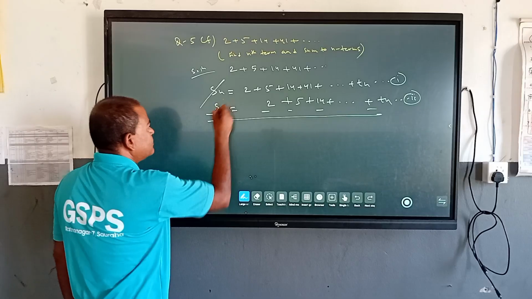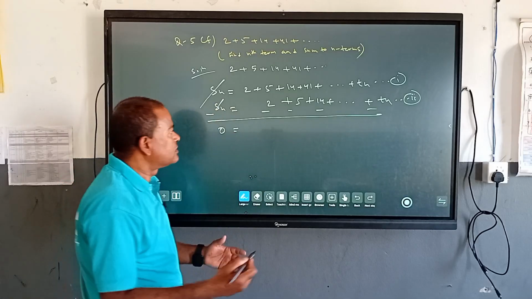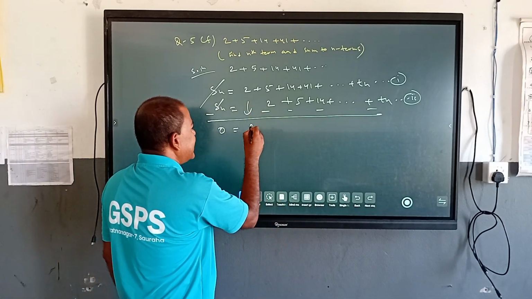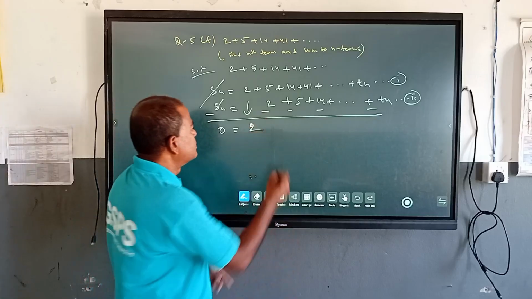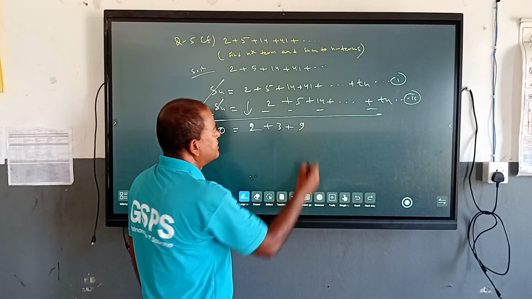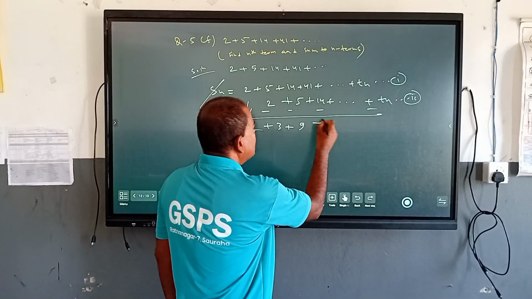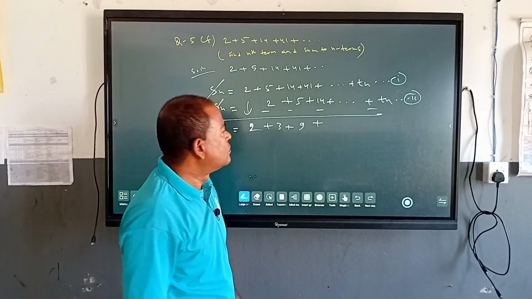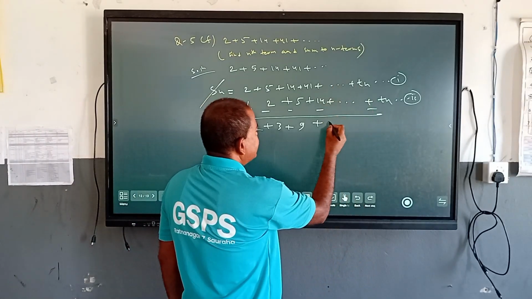So Sn minus Sn is 0. This 2 stays as it is, 5 minus 2 we get 3, 14 minus 5 we get 9, 41 minus 14 we get 27.